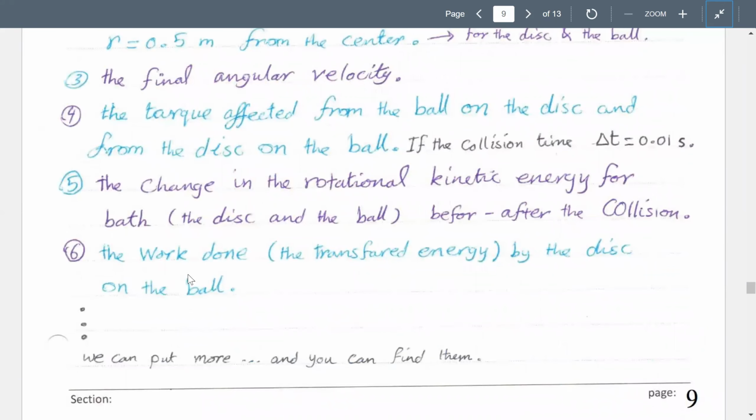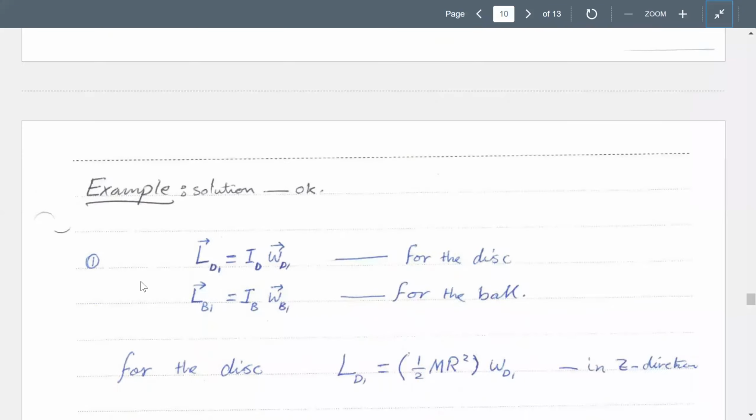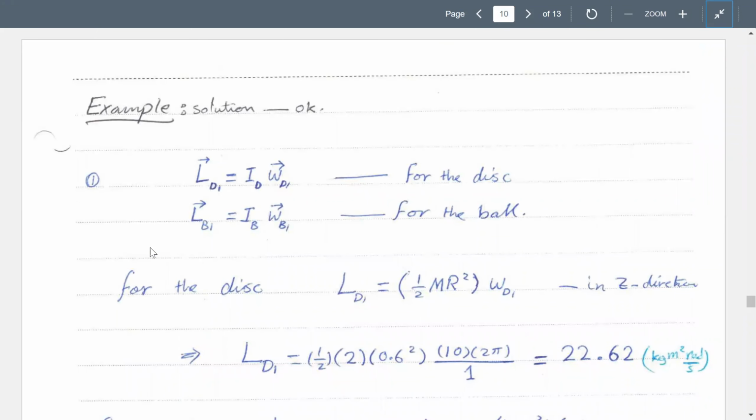It is just a long example which contains everything. Now we have the disk, we have the ball. The angular momentum for the disk is I for the disk multiplied by its angular velocity. We have the angular momentum for the ball, which is its moment of inertia multiplied by its angular velocity.